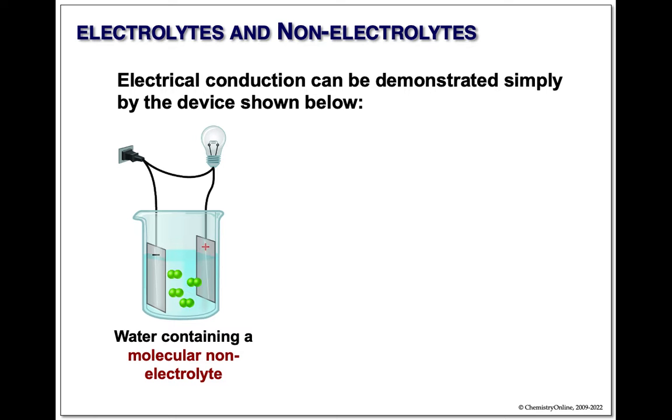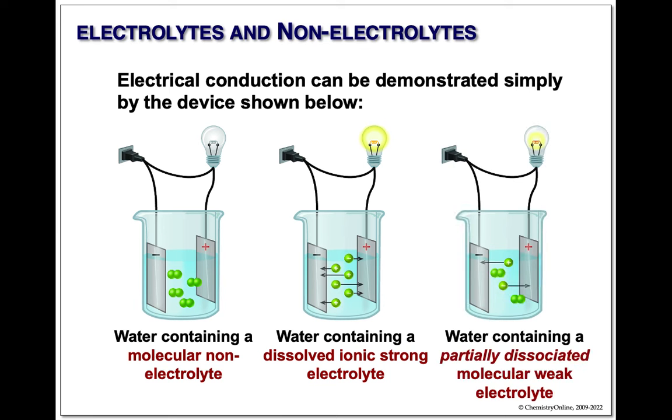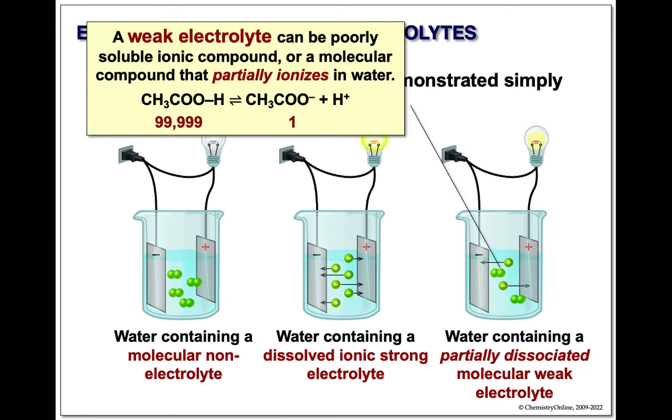If we have a non-electrolyte, no ions, no light. If we have ions, the ions conduct the electricity back and forth, nice big light, and there's always an in-between, isn't there? This is a weak electrolyte. A weak electrolyte partially dissociates and conducts to a small extent.